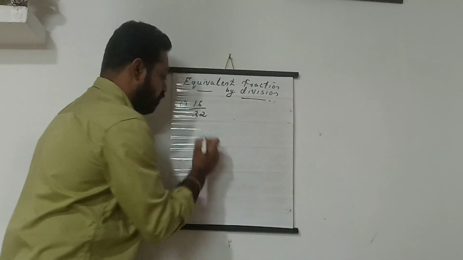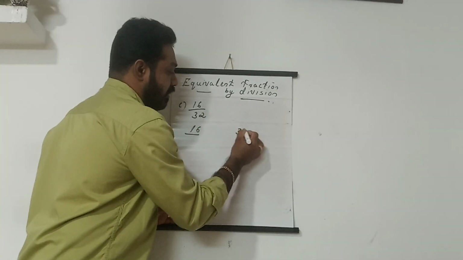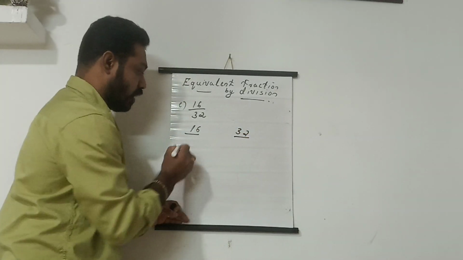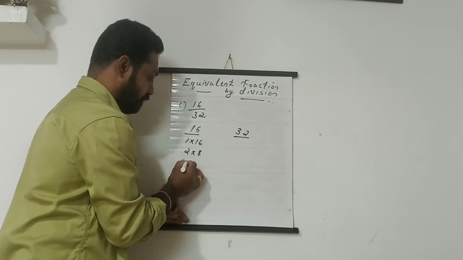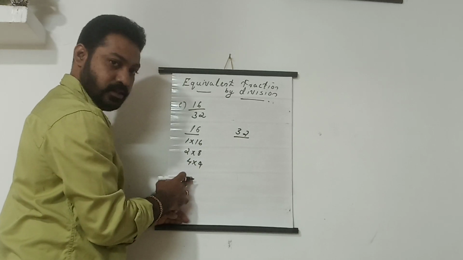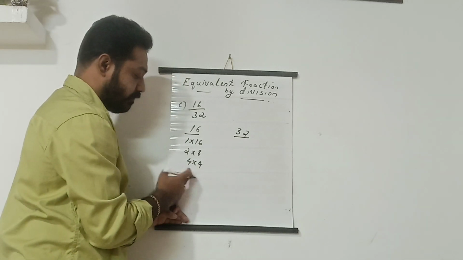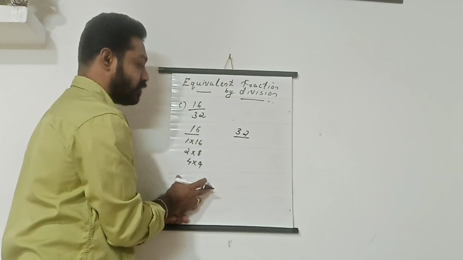First you have to write the factors of 16 and 32. Understand? We know how to write that. 1 into 16, 2 into 8, 4 into 4, and 5 into 5 is not there, 6 it is not there, 7 it is not there, then 8 is there, then repeating. So these are the factors of 16.